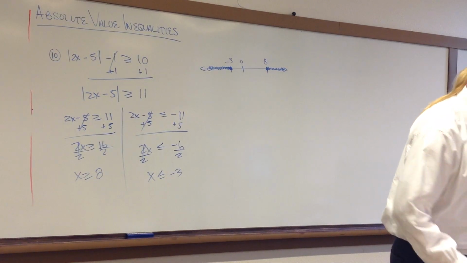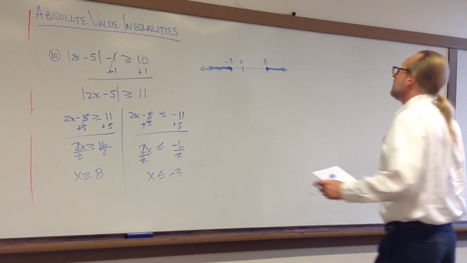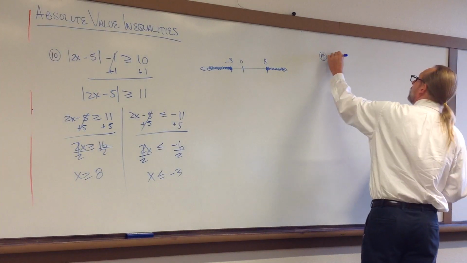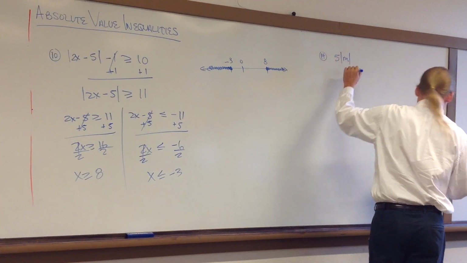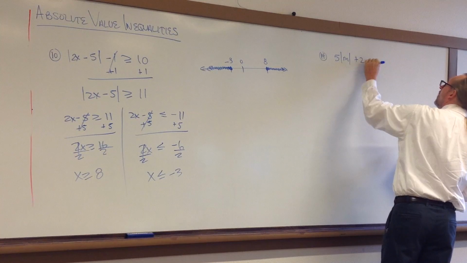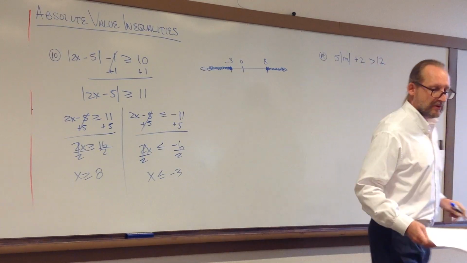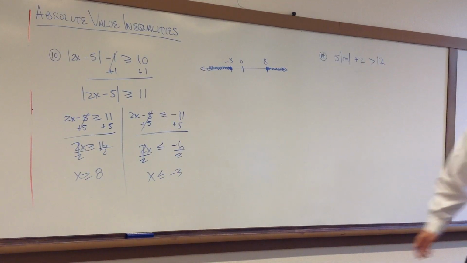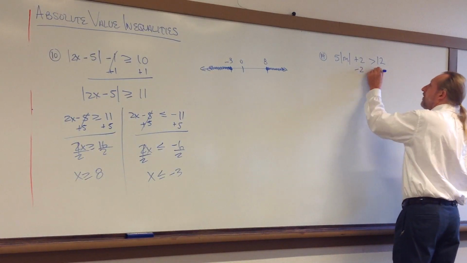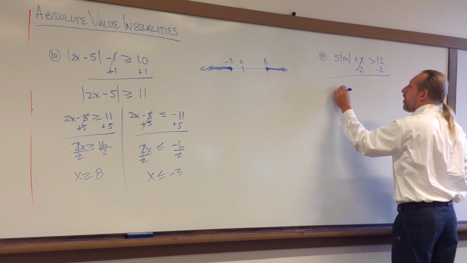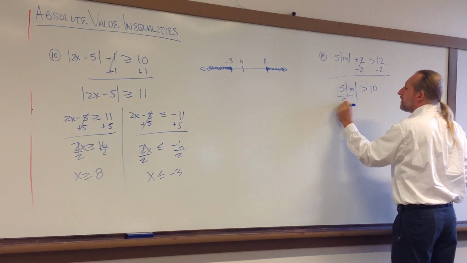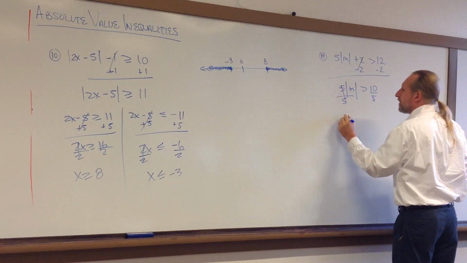What else? Well, let's look at 14. Got 5 times the absolute value of m plus 2 greater than 12. All right. So first thing, let's get this absolute value piece by itself, and then divide on both sides by 5.